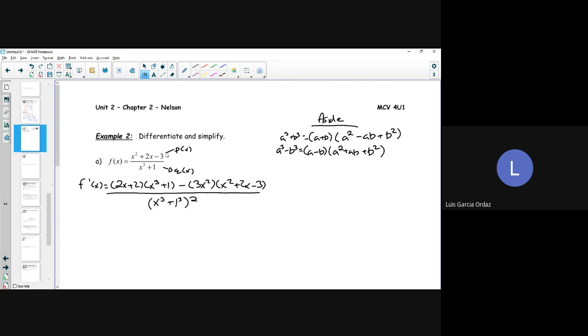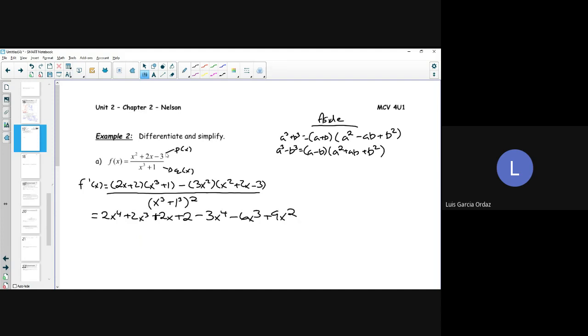So we're not going to expand the denominator just yet, but we can expand it in terms of a sum of cubes. So I'm going to basically simplify my numerator, which gives me 2x^4 + 2x^3 + 2x + 2 - 3x^4 - 6x^3 + 9x^2.